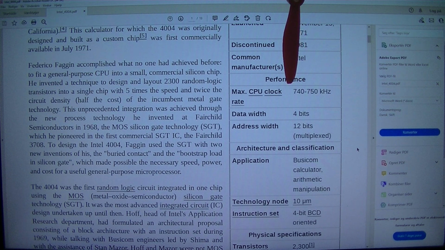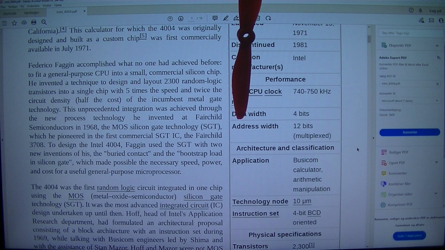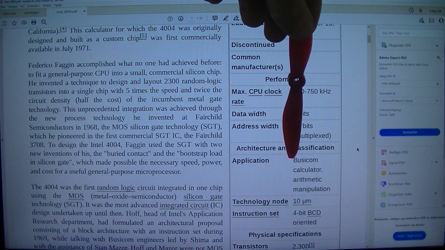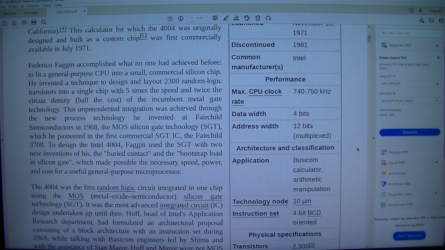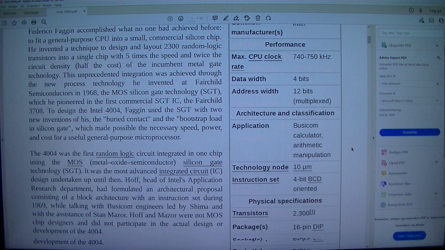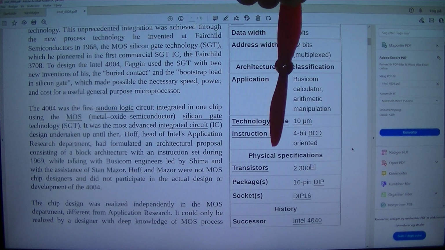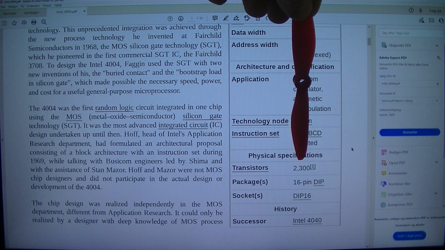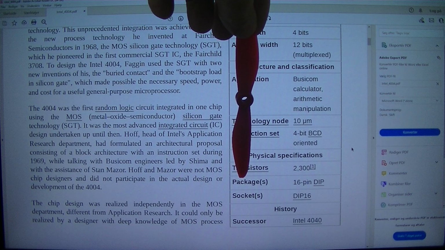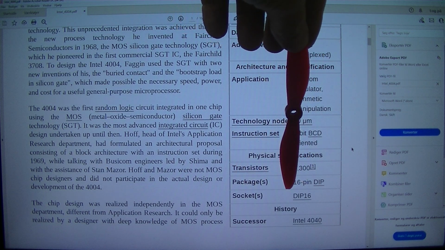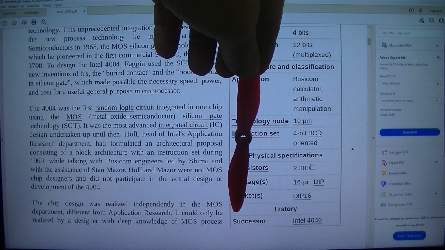Data width 4 bits. Address width 12 bits. Multiplexed. Architecture and classification. Application. BASIC calculator. Arithmetic manipulation technology. Node 10 instruction set 4-bit. Oriented physical specifications. Transistors 2,300. 1. Package S. 16-pin DIP. Socket S. DIP 16. History.